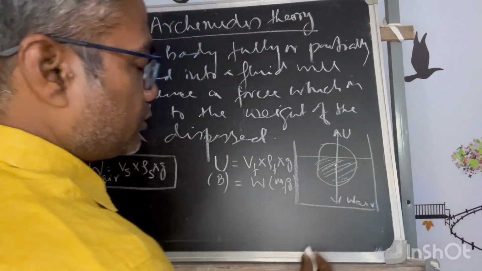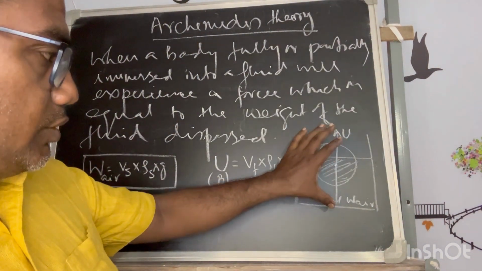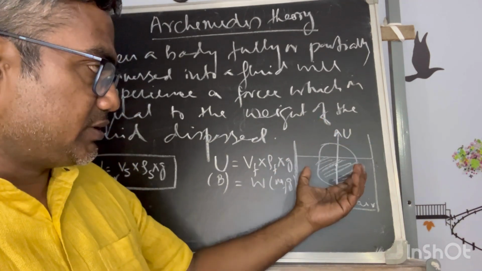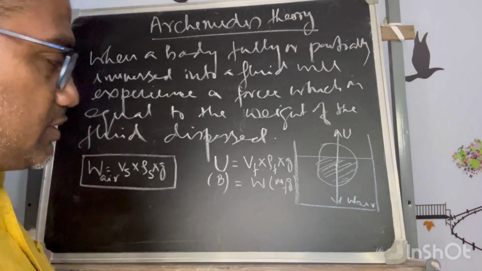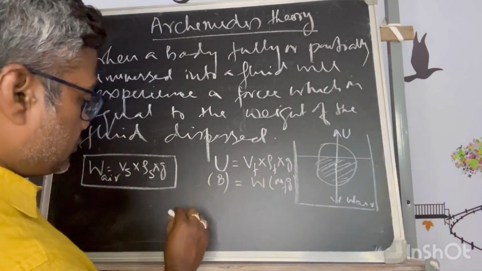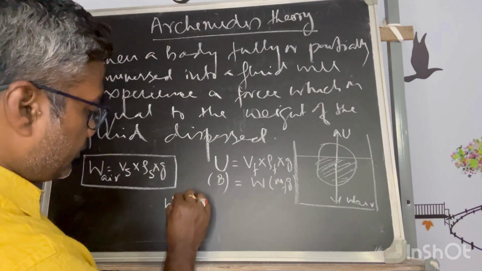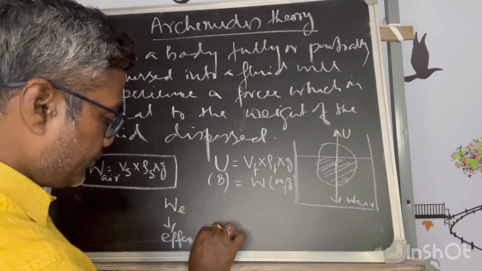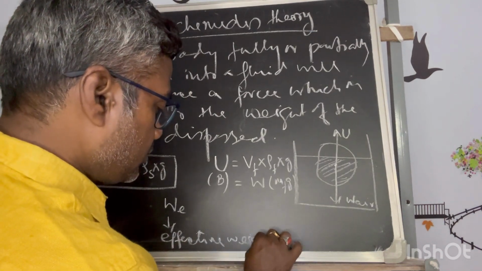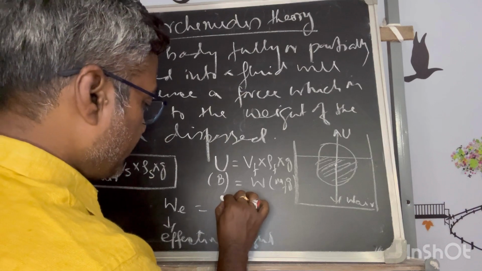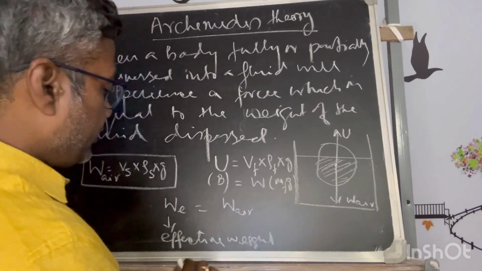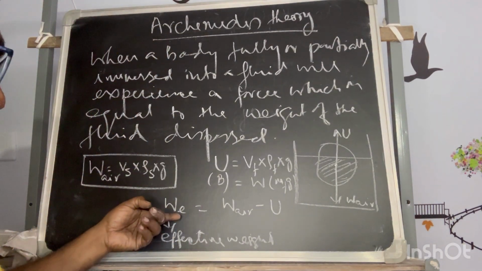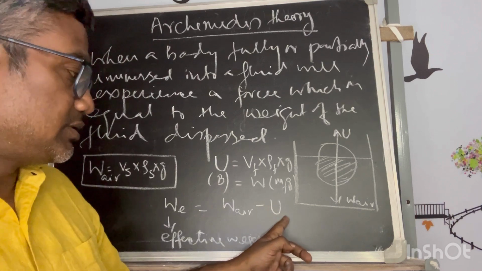With these forces, if the body is in equilibrium, there must be a resultant force. This resultant force we call the effective weight of the body, which is equal to the weight of the body in air minus the upthrust.